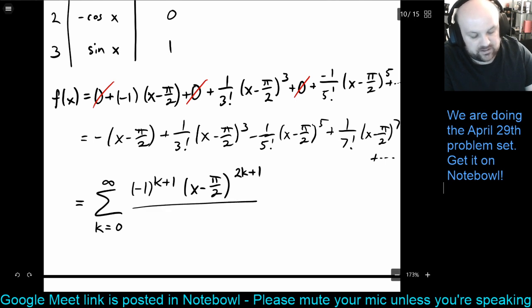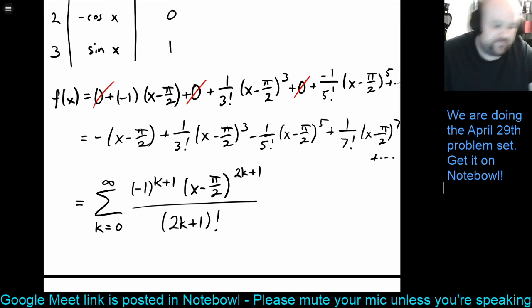And the factorial on the bottom matches that. So we end up with something like this. So this is cosine of x centered at pi over 2.